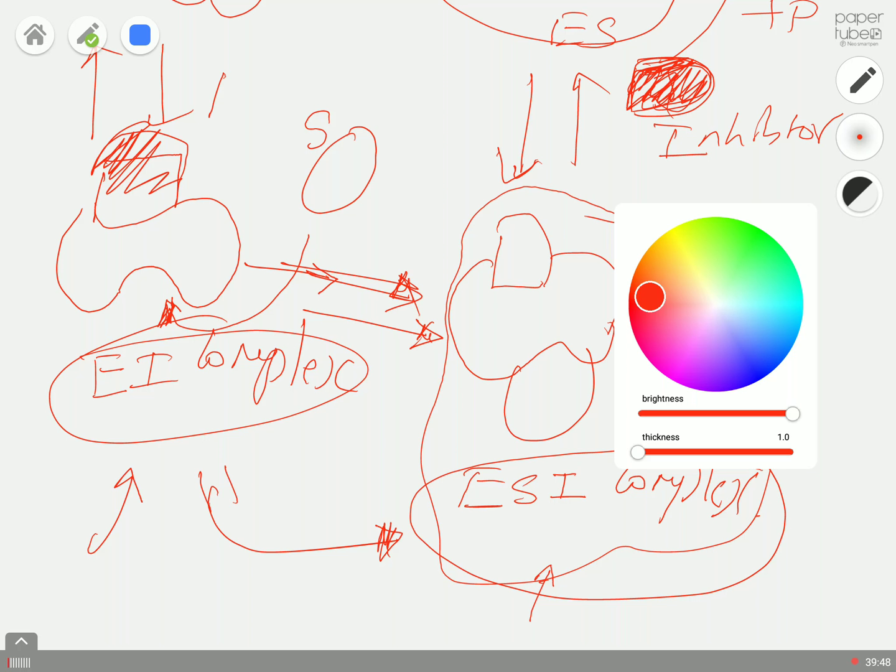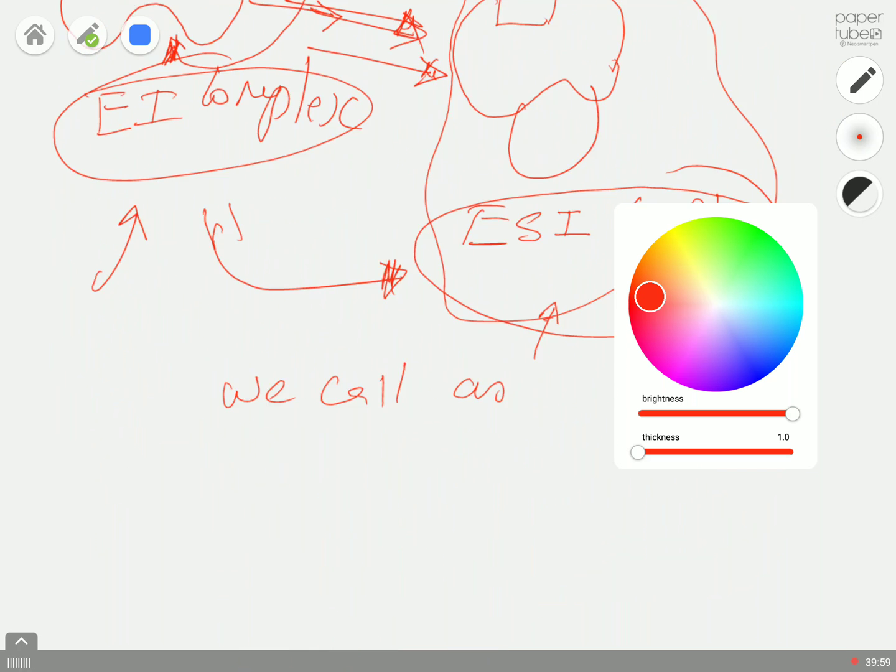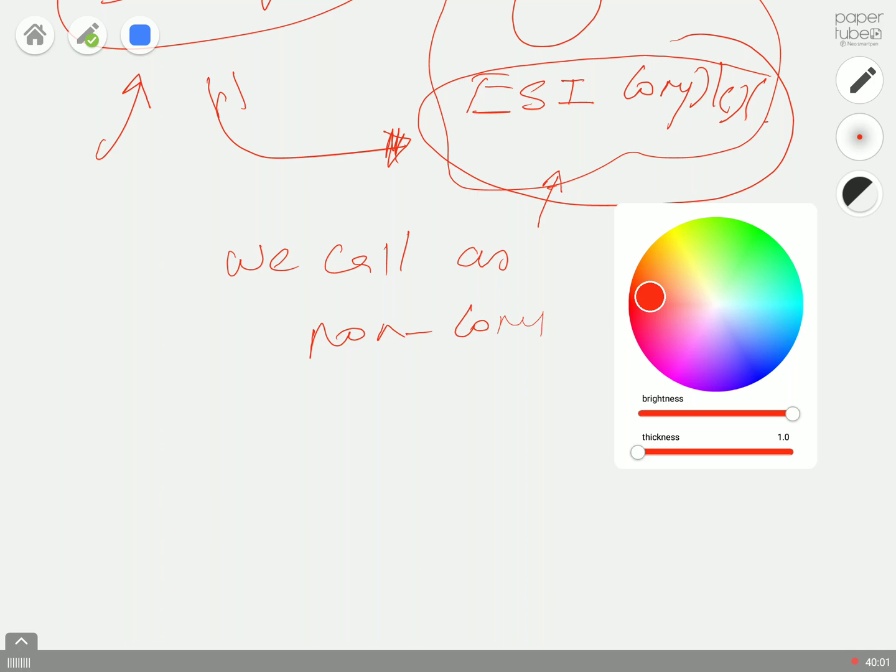This type of process we call non-competitive inhibition. These are some experimental facts that really happen when you deal with enzymatic reactions.